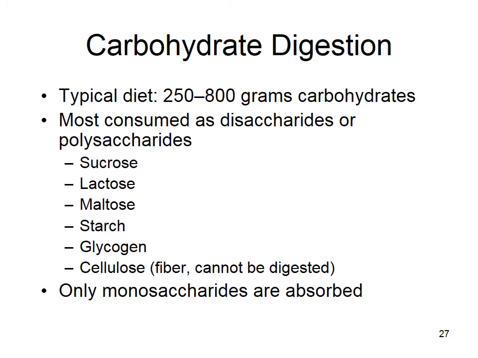Maltose is two glucose monomers held together by a covalent bond, and it's the product of fermentation. Sucrase breaks down sucrose. Lactase breaks down lactose. Maltase breaks down maltose. So -ase at the end means it's the enzyme, and -ose means it's the disaccharide.